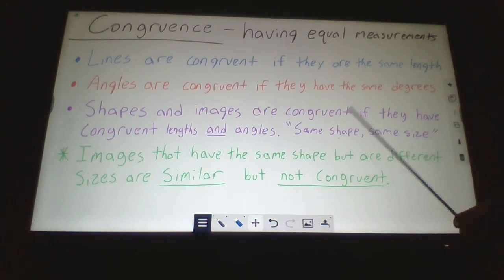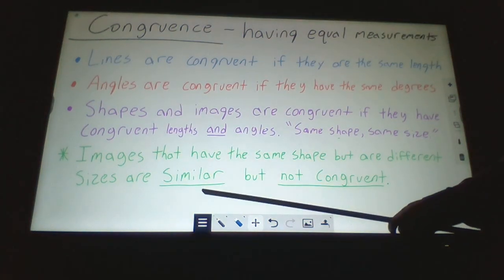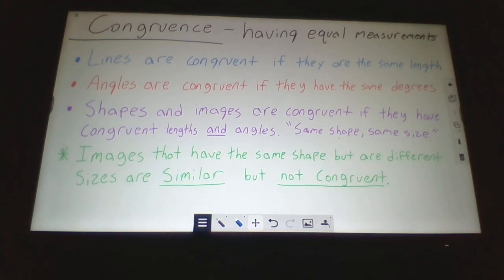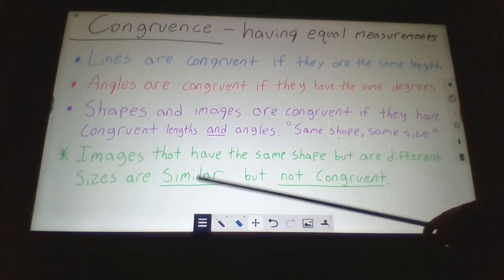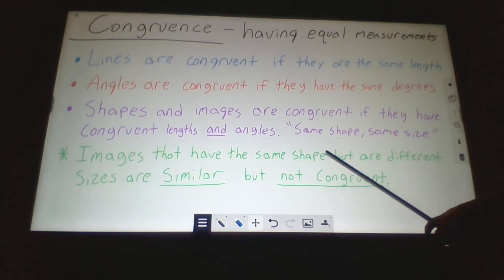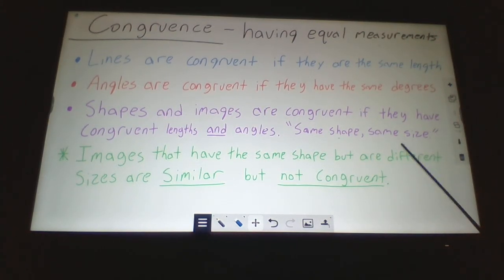In other words, they have to be the same shape and the same size. This is different than similar, which you learned last year. Last year, when you were working with scale copies and scale drawings, you were creating images that were similar because while they had the same shape as the original, they had different sizes.